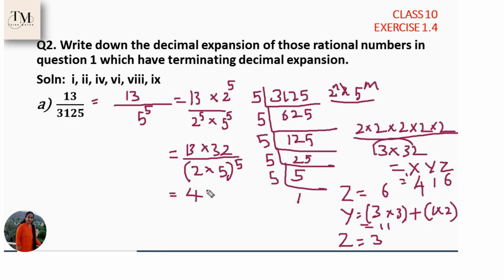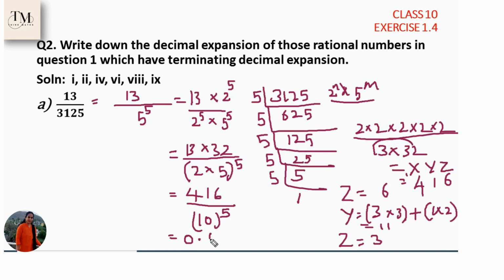So the answer is 416 divided by 2 into 5, that is 10, so 10 to the power 5. So we have to keep 5 decimal places. Already there are 3 places, 1, 2, 3. So adding 2 zeros, there will be 5 places for the decimal.